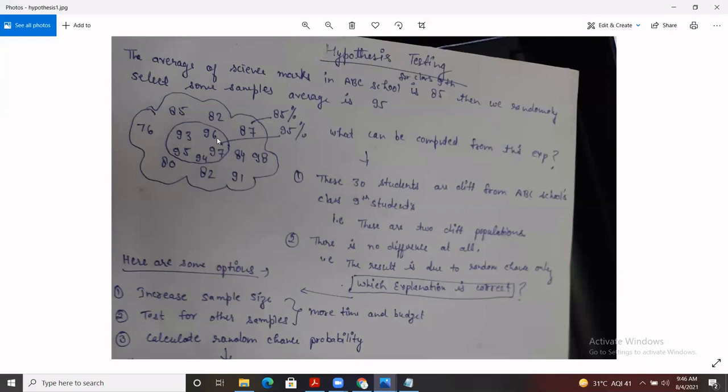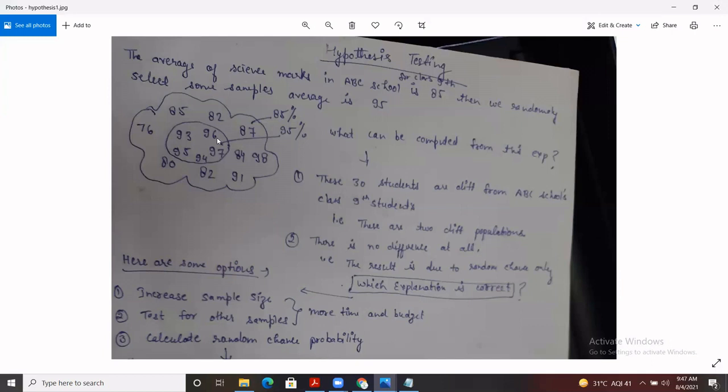But if we have a huge amount of data, like the example I gave of all BTech students around the globe, it's not possible to pick the entire data and keep picking random samples. So these two things, increase sample size and test for other samples, require more time and budget.